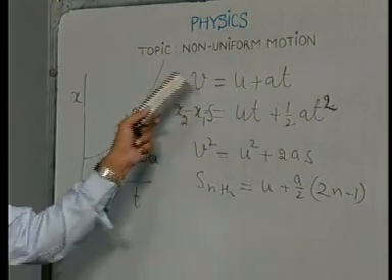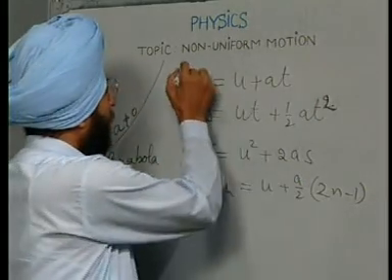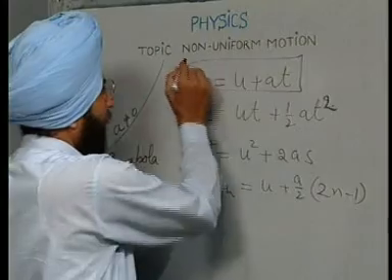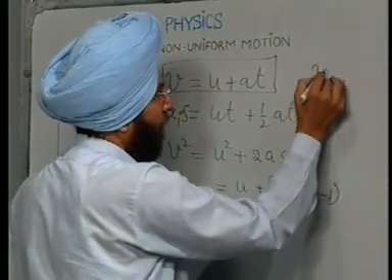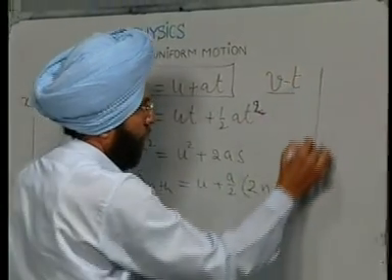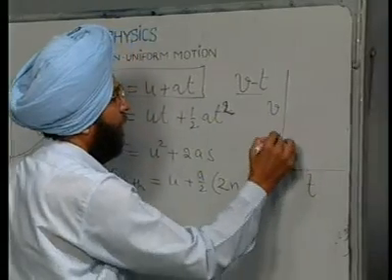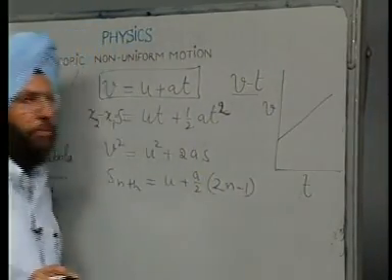Now, for the same non-uniform motion, from this equation as we have already seen, the graph between v and t, the v t graph, is a straight line graph.